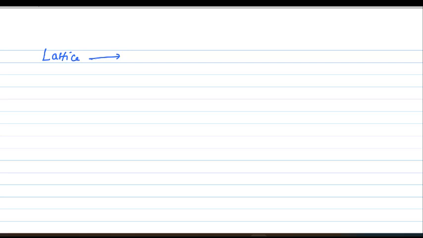That is what we will understand now. So with lattice, we need something, lattice plus something which can be repeated in a periodic manner to generate the crystal structure. That something is known as a motif. We'll define motif first, then we'll see the connection of motif and lattice with the crystal.